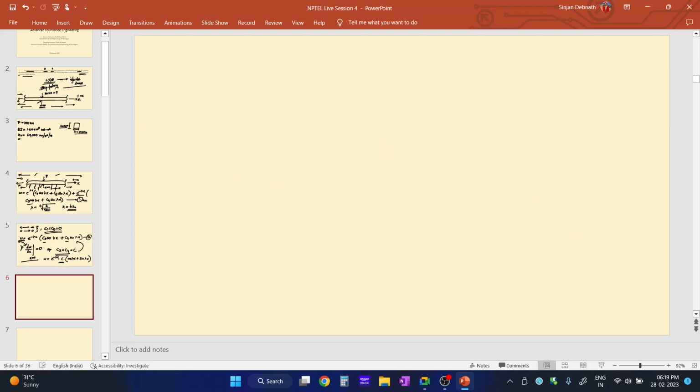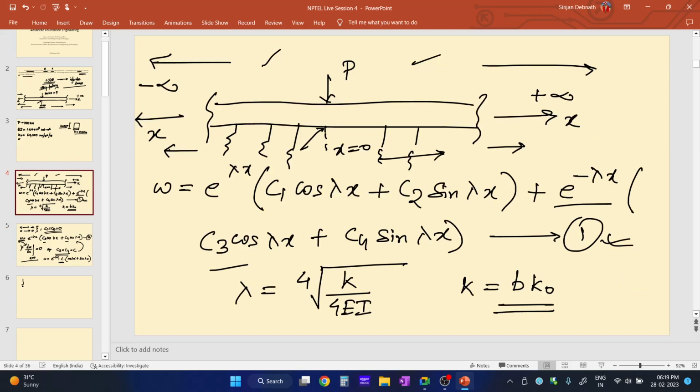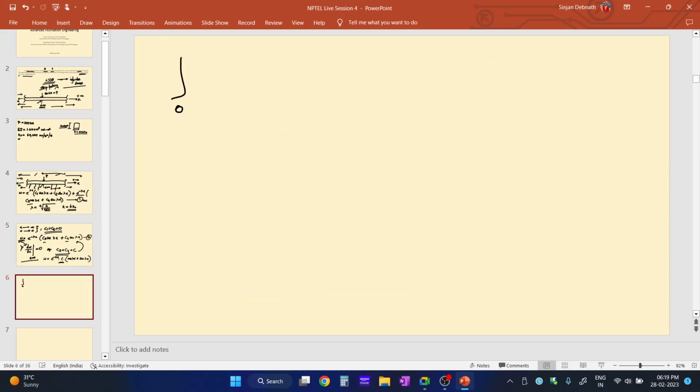So if we consider half of the model, we can write it like this: from 0 to infinity, going towards the positive side. If we integrate the reaction forces from 0 to infinity, what is the reaction force?